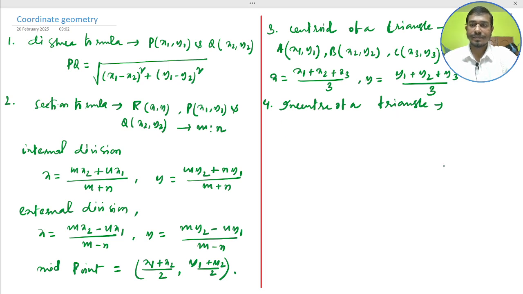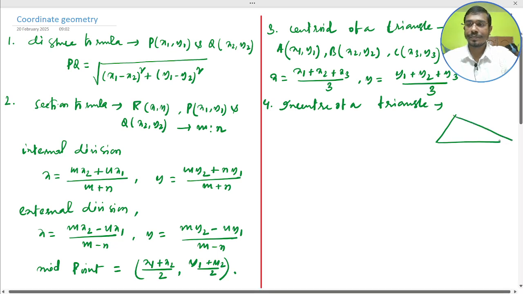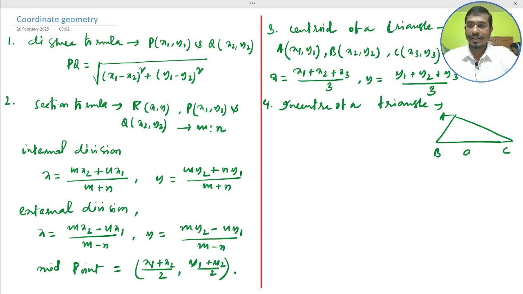Okay, suppose this is a triangle A, B and C, where the BC length is a, CA length is b and AB length is c.